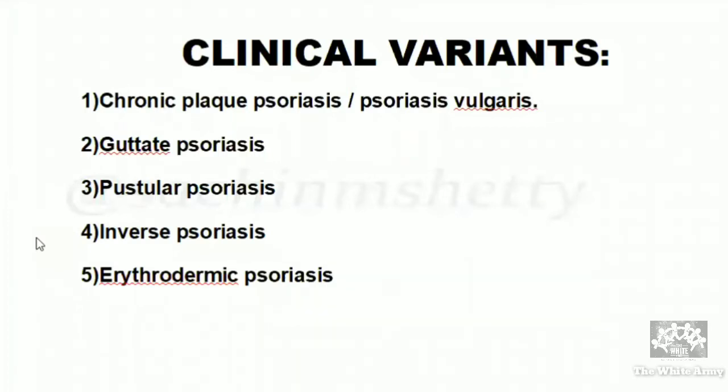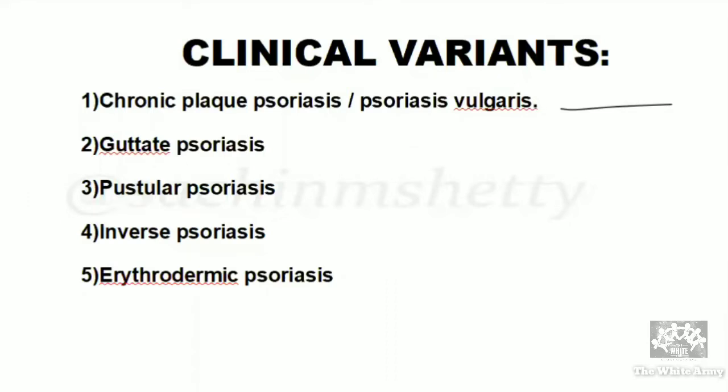Vulgaris meaning common. This forms around 80% of all the clinical psoriasis. Most common type is the chronic plaque psoriasis. Then second most common is the guttate psoriasis, usually seen in childhood. Next is the pustular psoriasis, inverse psoriasis based on the location, and severe erythrodermic psoriasis.